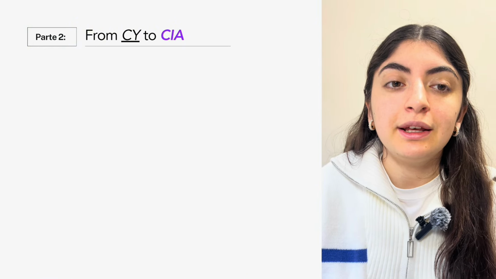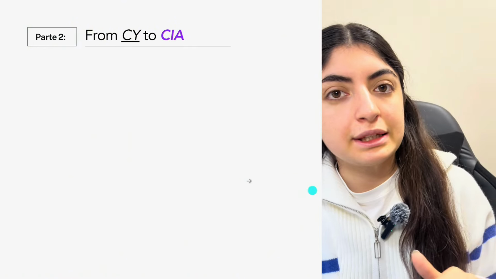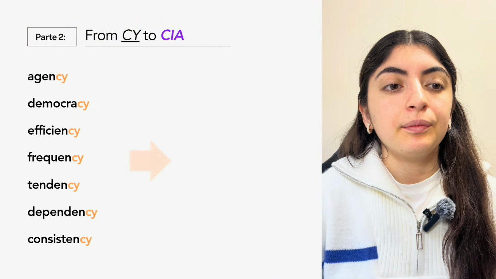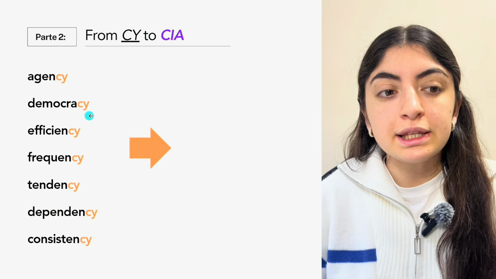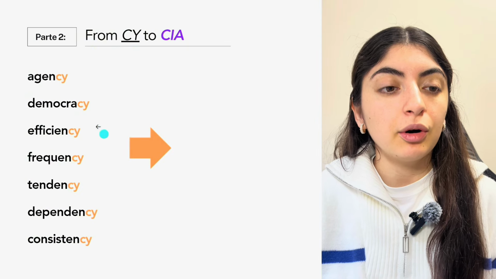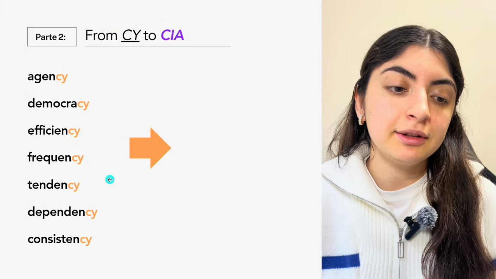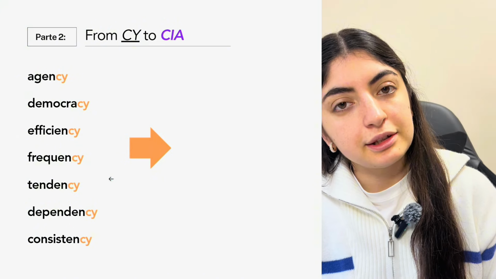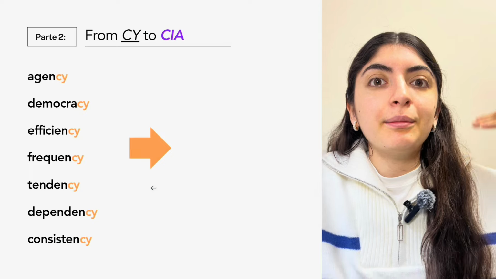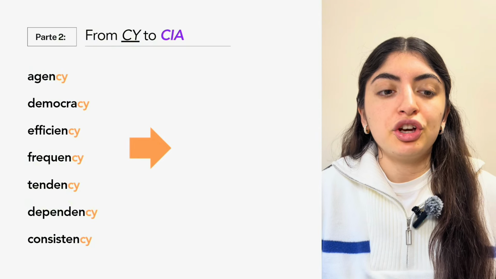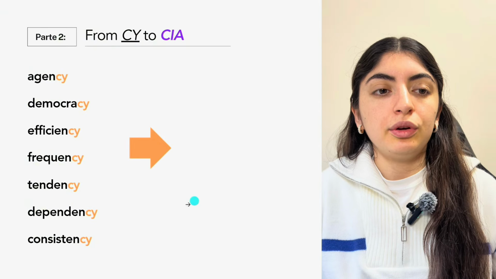Now, let's move on to the second part, words ending in -cy into -cia. Agency, democracy, efficiency, frequency, tendency, dependency, consistency. As you may imagine how this will change, I will show you.